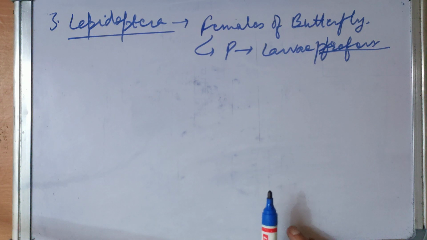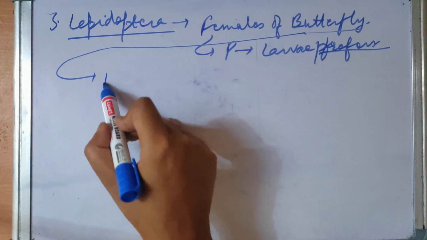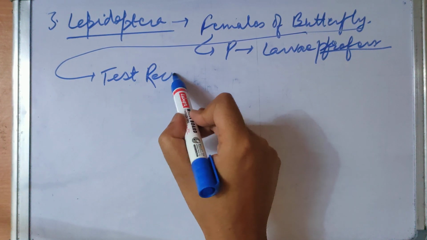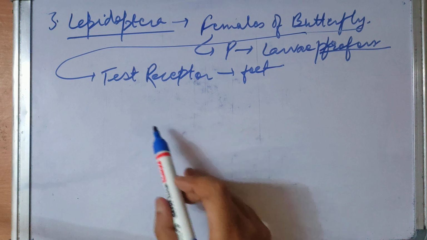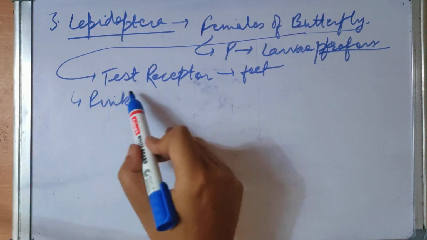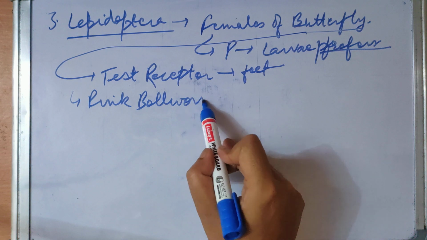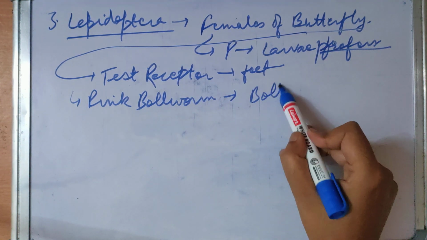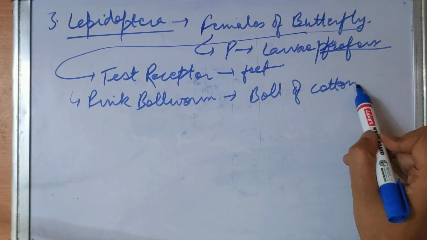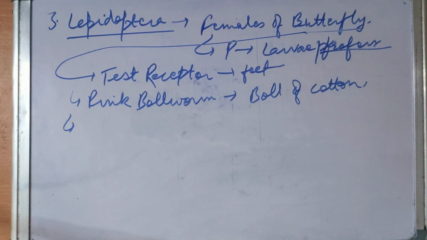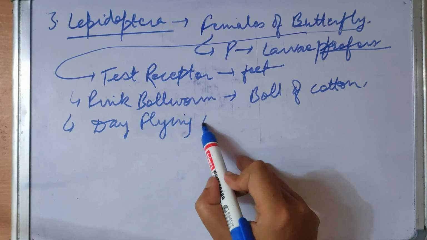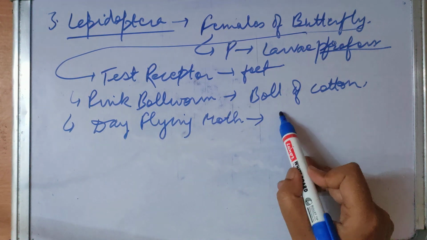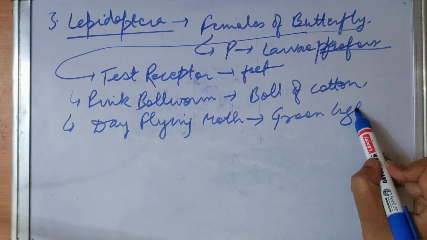Butterflies have taste receptors on their feet. Pink bollworm of this family prefers the bolls of cotton. Day flying moths are more attracted by green light.